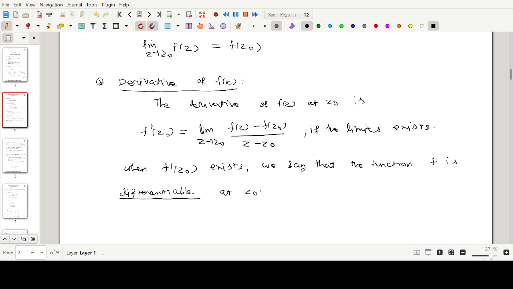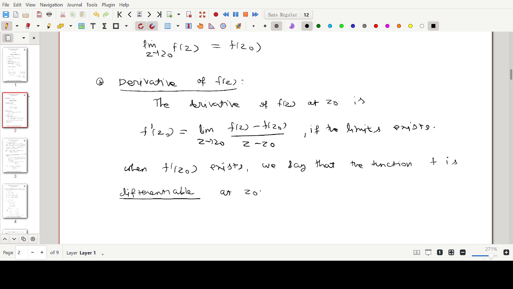What do you mean by derivative? First we talk about a point and then we extend to the entire domain. The derivative of f of z at a point z naught is f dash of z naught. What is the derivative?